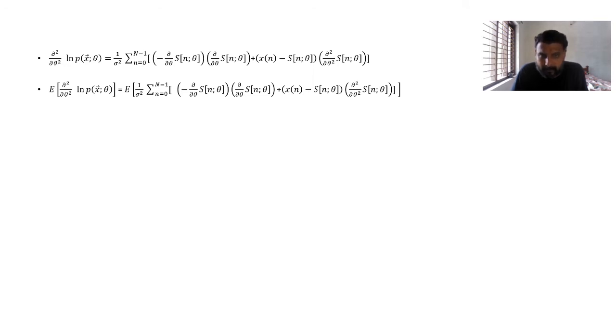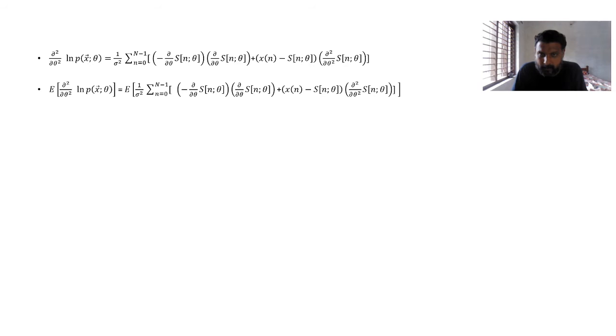So I will take the minus term outside, that is minus 1 by sigma square, sigma n equal to 0 to n minus 1, expectation of ∂/∂θ of s of n of theta into ∂/∂θ of s of n of theta, that is nothing but ∂/∂θ of s of n of theta the whole square.